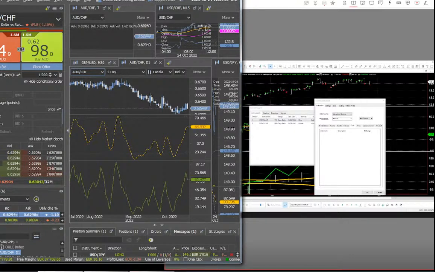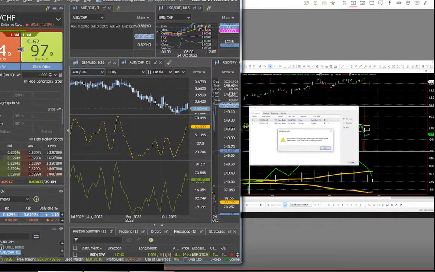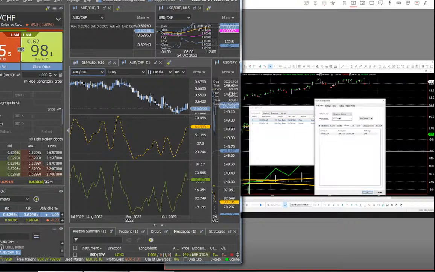And we're like, okay, close. AUD CHF now. We got it right there. Let's load her in. What am I doing? I'm loading it into the system. Instrument different time zones. Let's fix that. Settings.